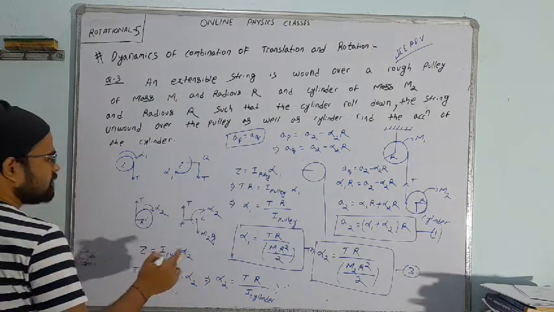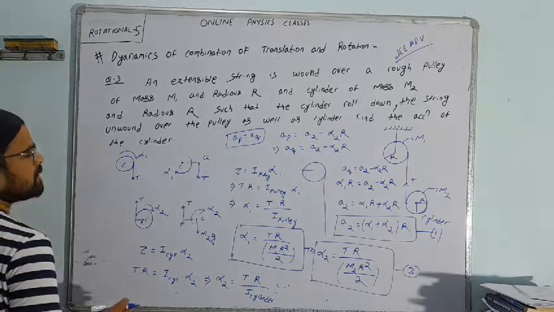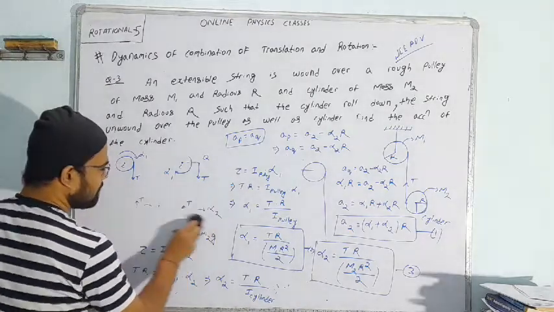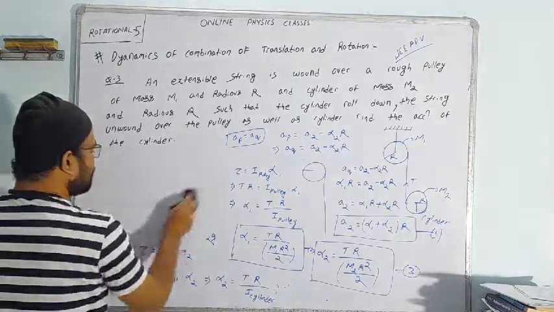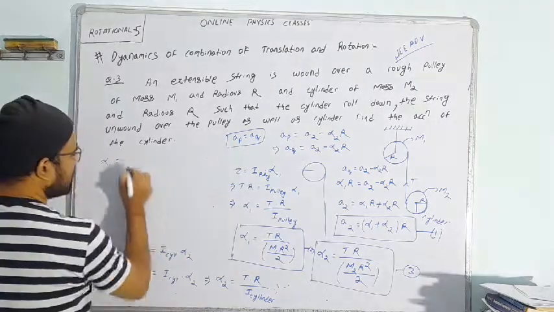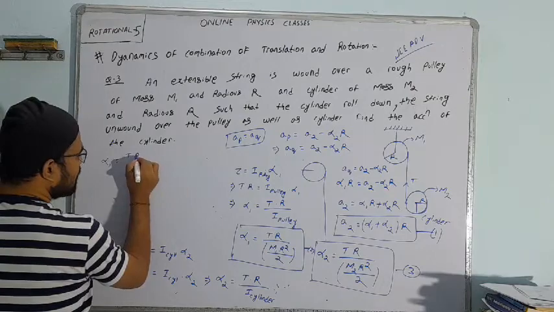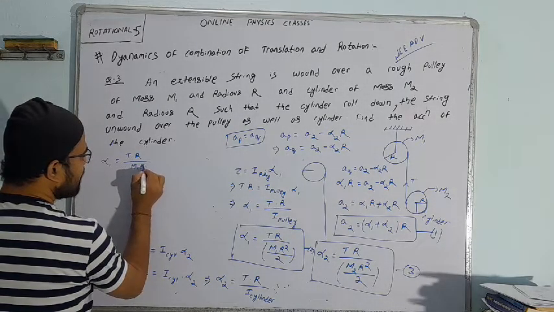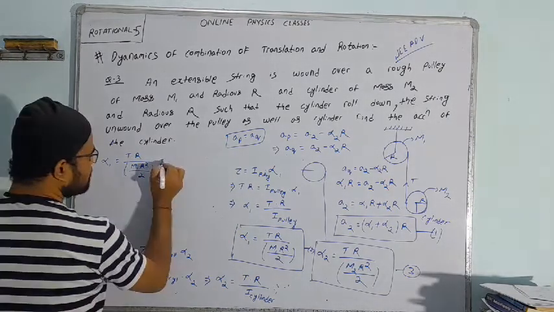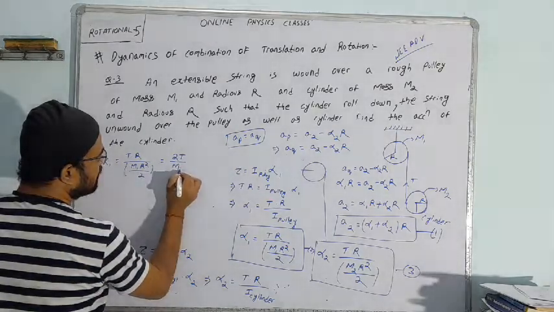If you write Newton's second law for the cylinder, the value of alpha 1 is T into R by m1 r square by 2. This is the value of alpha 1. If you simplify this equation, we get 2T by m1 r.